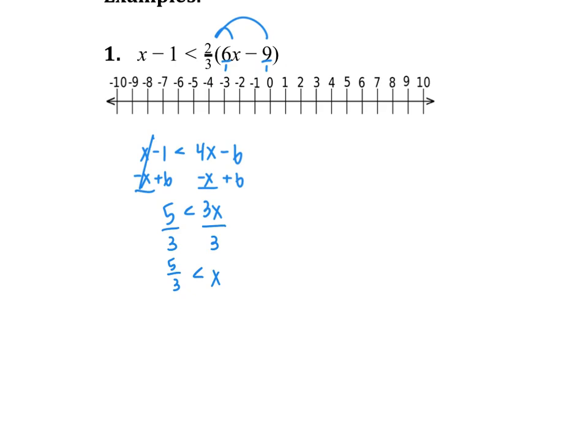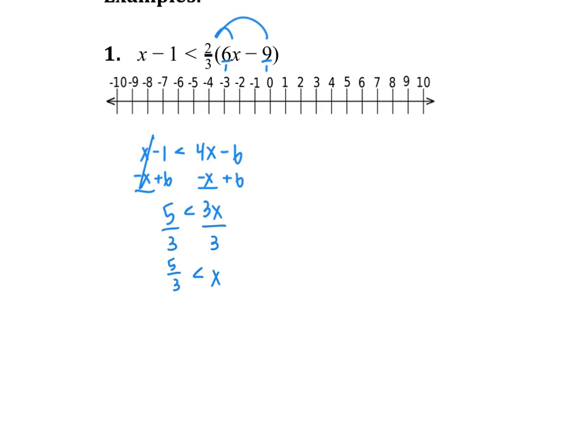Now, on a number line, 5/3 is going to fall somewhere between 1 and 2. It's greater than 1 because 3/3 would be 1. Okay, so 3 divided by 3 would be 1. This is 5/3, and then 2 would be 6 divided by 3. So it's going to be a little bit closer to the 2.